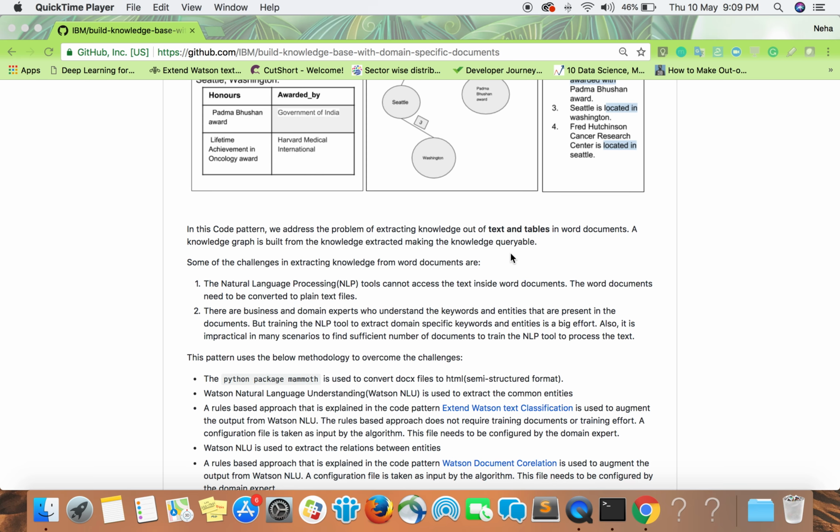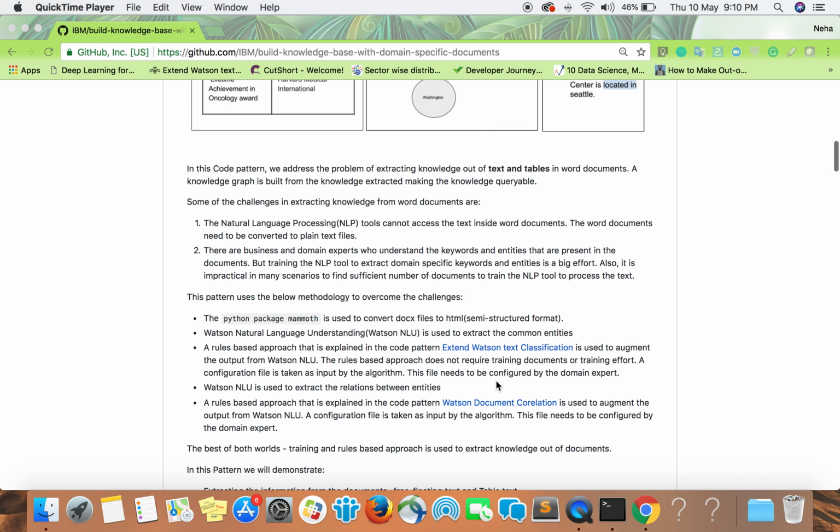And sometimes it also becomes impractical to find a sufficient number of documents to train the NLP tool to process that text. And then also you're not sure whether you'll be able to process the information present in the tables or not. So in this code pattern, we are providing the methodology to overcome these challenges.